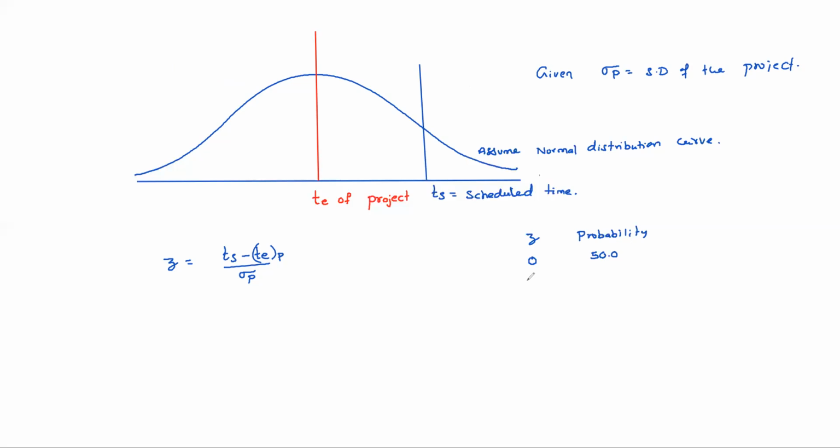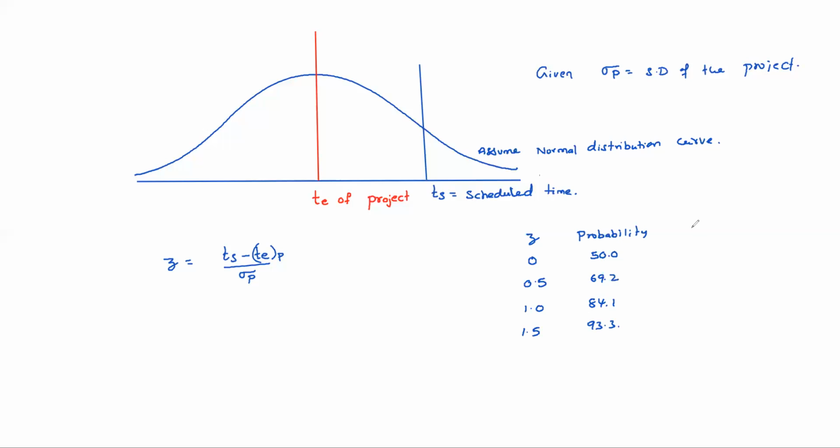Z of +1 gives 84.1. 0.5 gives 69.2. 1 means 84.1. 1.5 means 93.3. Like this, you will have a table.